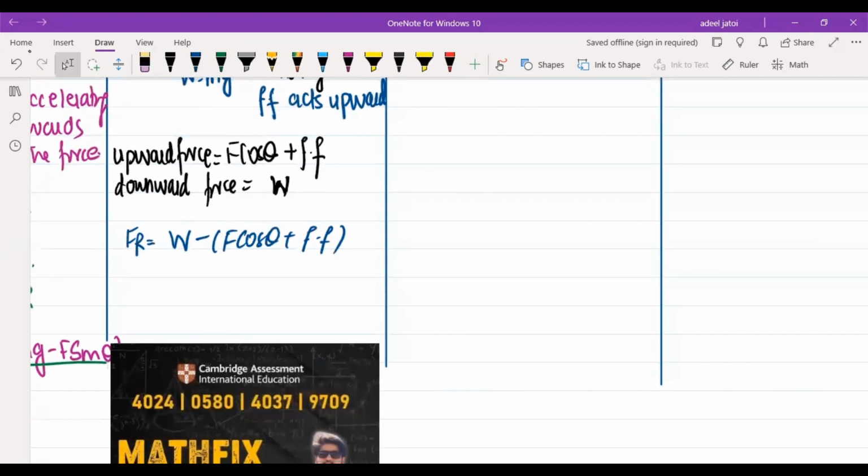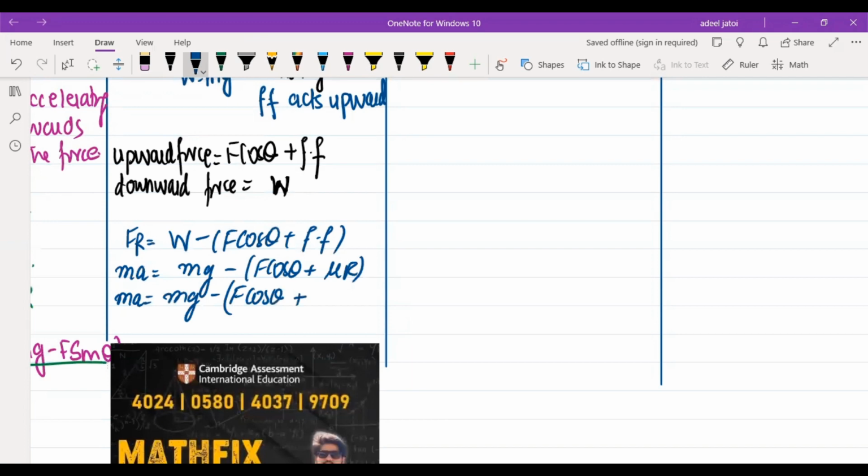So this is ma is equal to mg minus F cos theta plus mu R. So ma is equal to mg minus F cos theta, and this was what? Mu F sine theta. This was F sine theta.